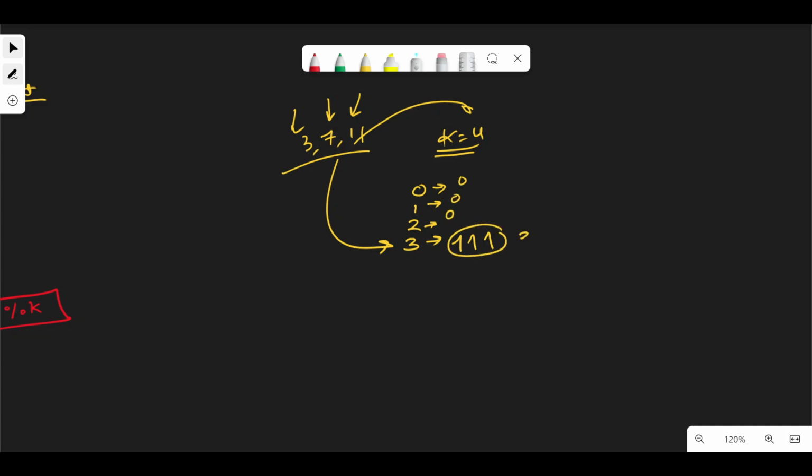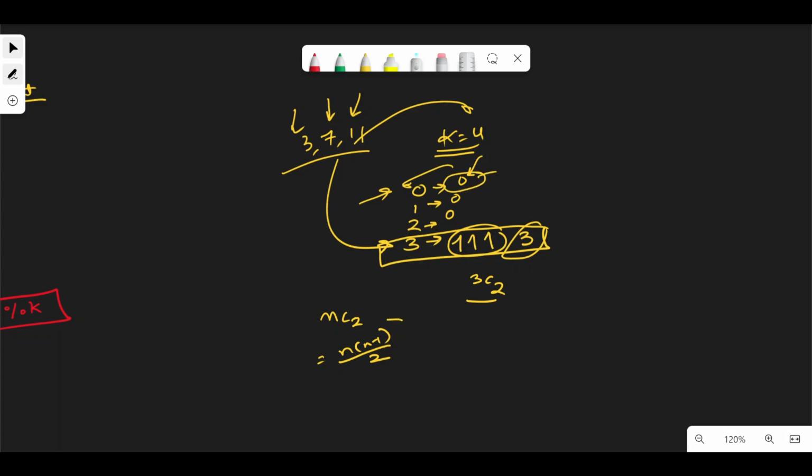So when the remainder is 3 for 3 of them, that means you can pick any 2 from them. You could do nC2, which is essentially n times n minus 1 by 2. So we find out the count of numbers with the same remainder, and for every remainder, whatever the count, we get the number of pairs from that remainder, and solve the problem like that.